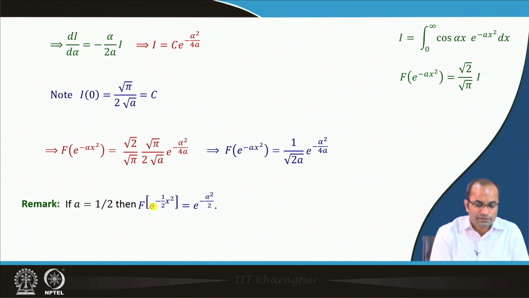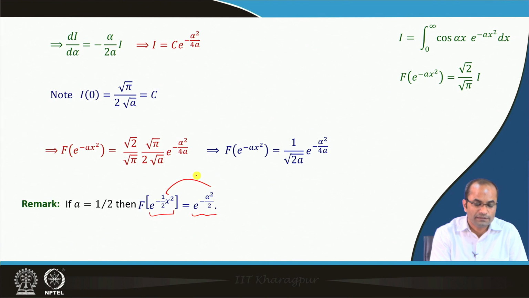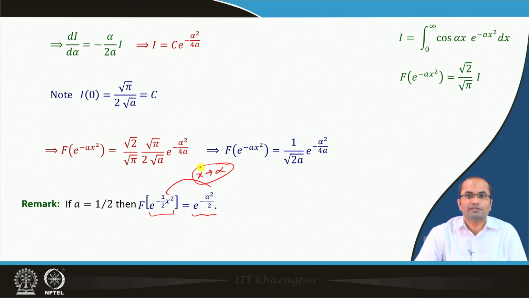What is interesting here is that the Fourier transform of e power minus x square by 2 is e power again minus alpha square by 2, only this x is replaced with alpha, that is the only difference, but we have the same function.